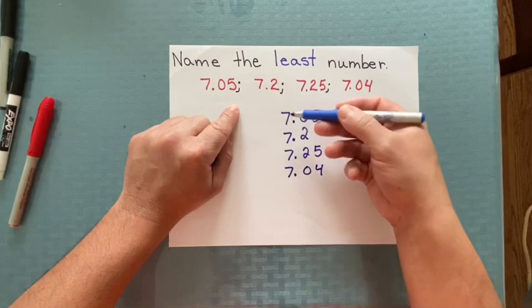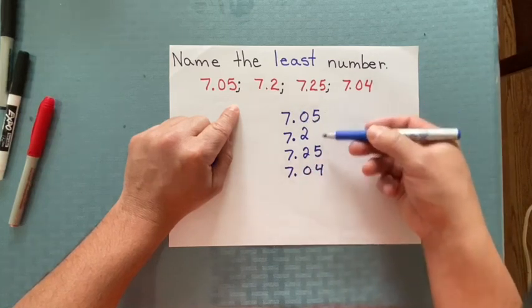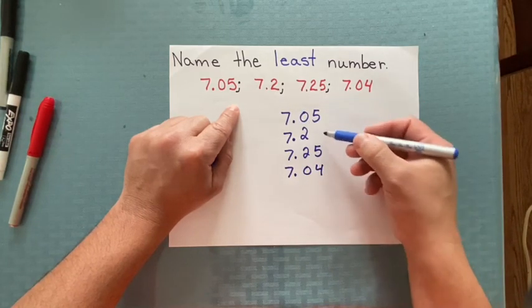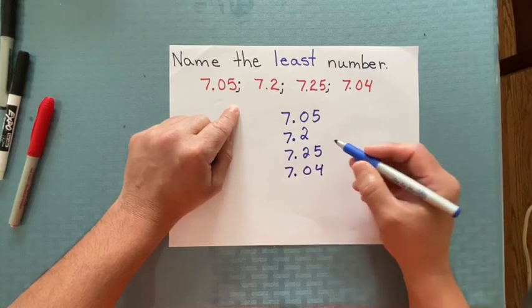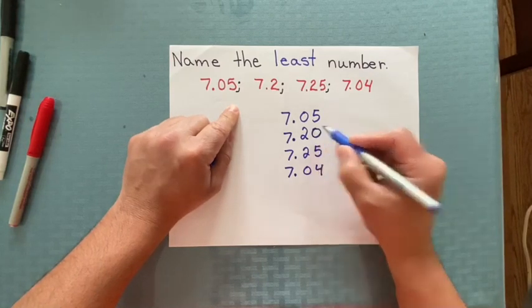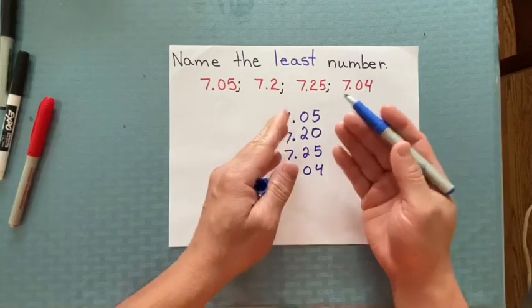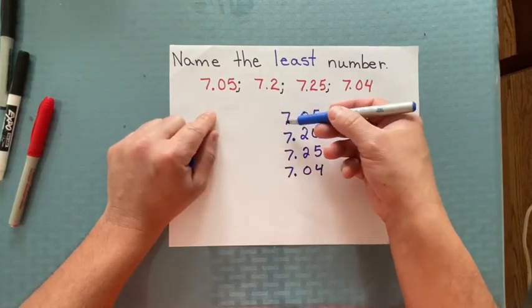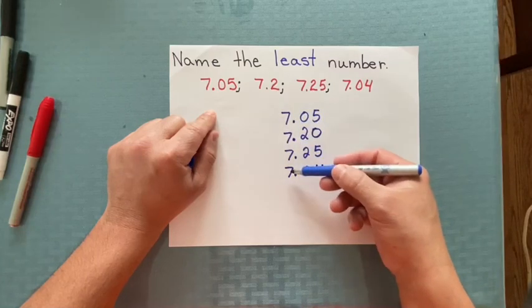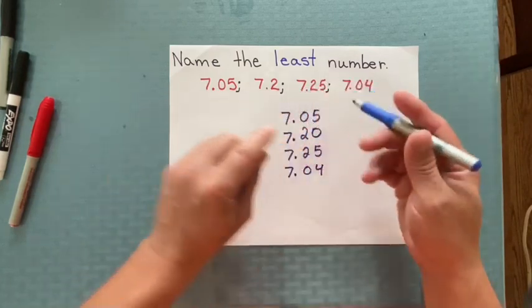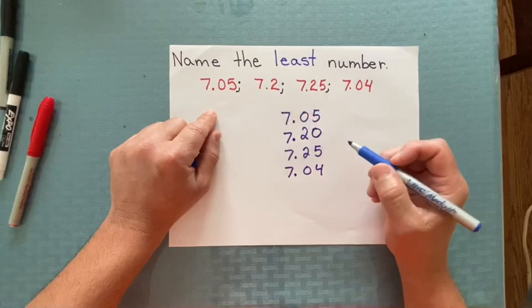Now they're all lined up, ones with the ones, tenths with the tenths, hundredths with the hundredths. You're going to notice that there's an empty spot here. As I told you earlier, many people like to put a 0 there to hold its spot. Now, once again, when you want to compare numbers, always start with the highest valued place, which in this case is the ones spot. Here we're looking for the smallest number.